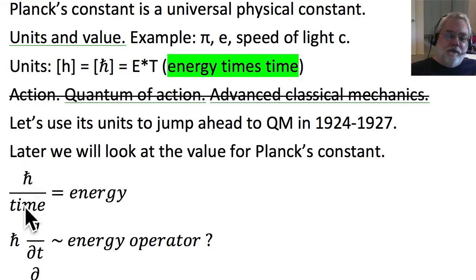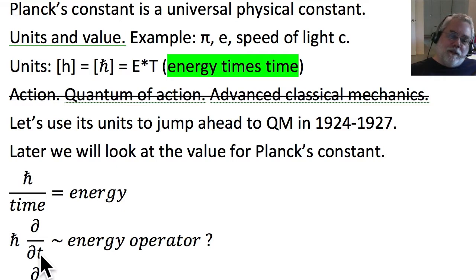Well, we don't really have any nice way of dividing by time, but if somehow we could take h bar and multiply it times a derivative with respect to time, where a derivative is a rate of change with respect to time.